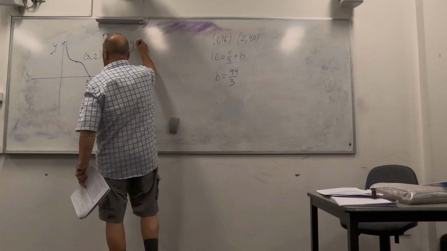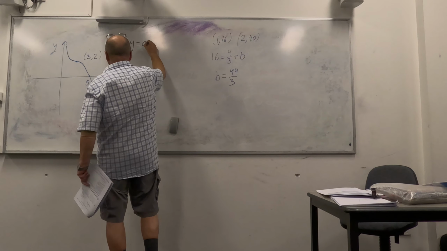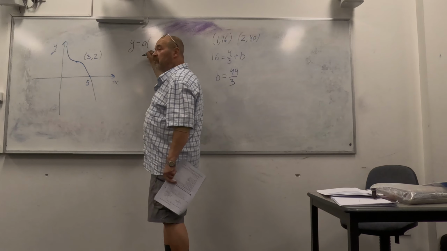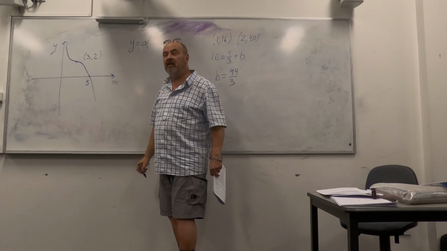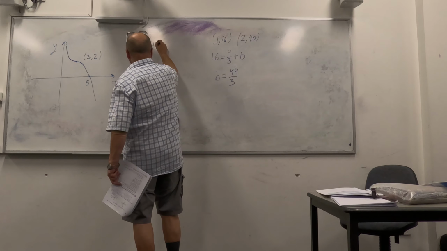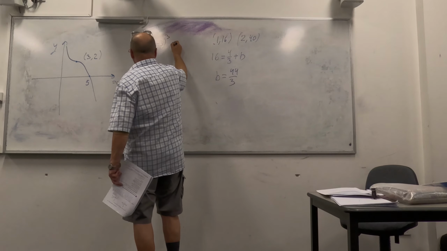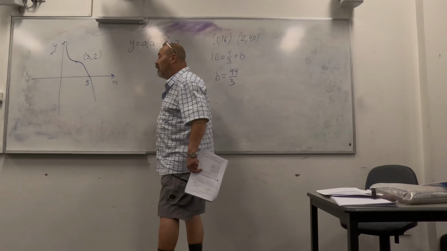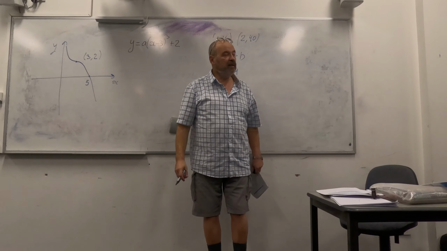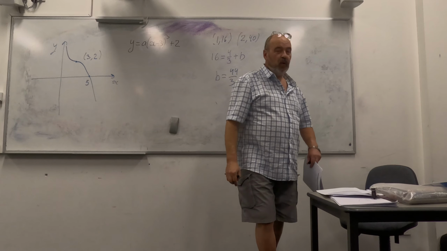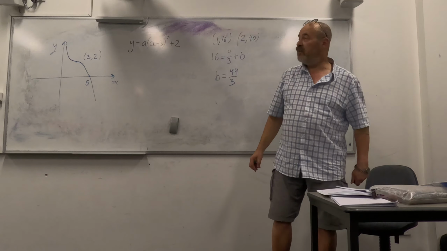y equals a times (x minus 3) cubed plus 2. Oh, this is a negative one. And now which point can we use? 5, 0.